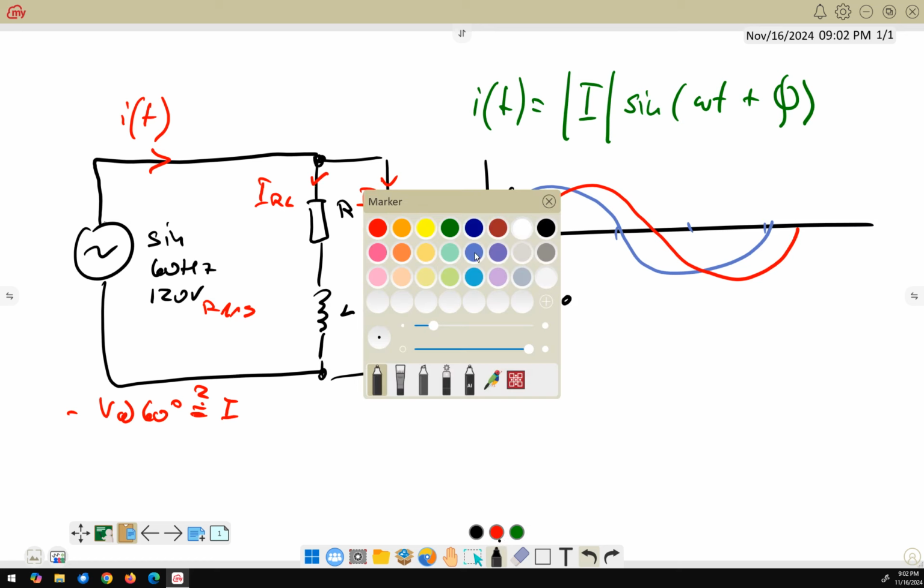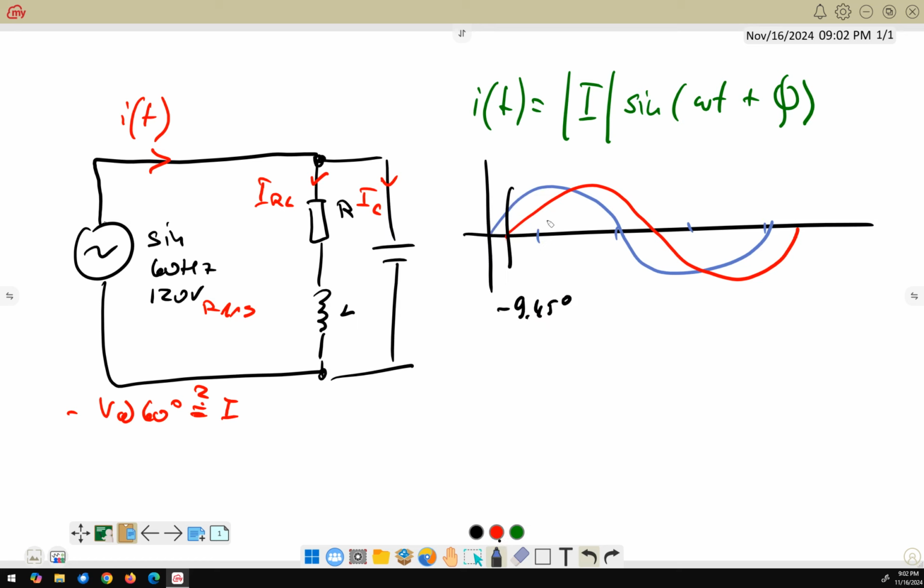If we want to know the current at 60 degrees, this is pi, this is pi halves, 60 degrees is pi divided by 3. Here's our voltage at 60 degrees. We want to figure out what is the current at this point.